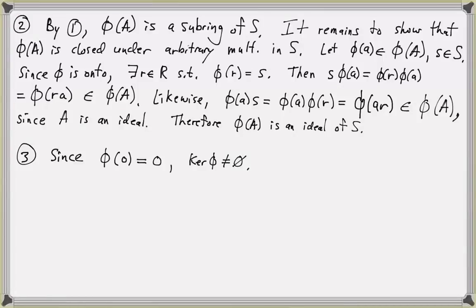And we're going to show that the kernel of phi is closed under subtraction and arbitrary multiplication in R. Well, if A and B are in the kernel of phi, then by definition we know that phi maps A and B to 0. So then phi of A equals phi of B equals 0.